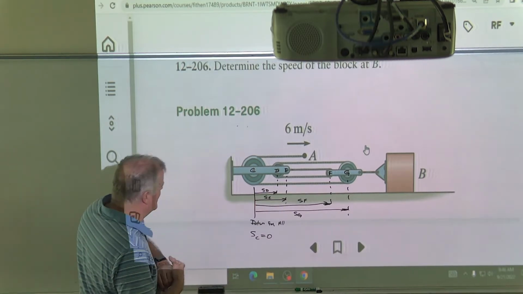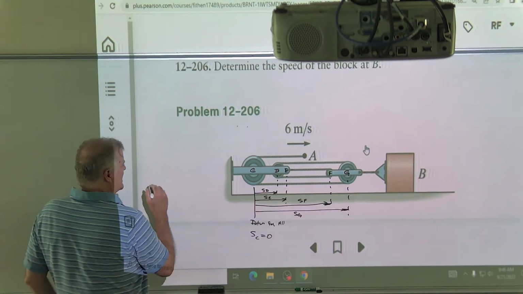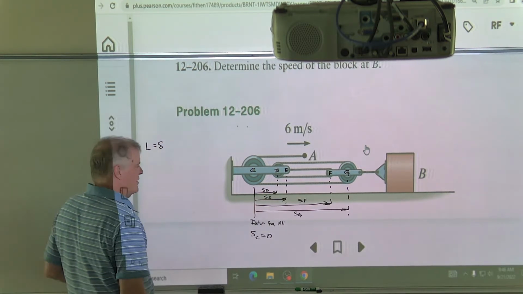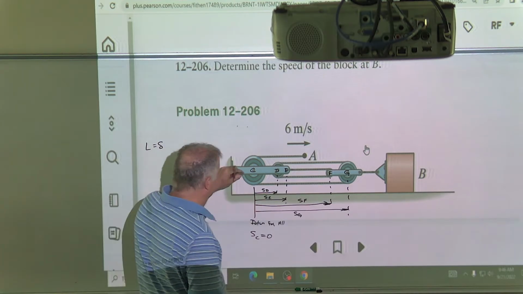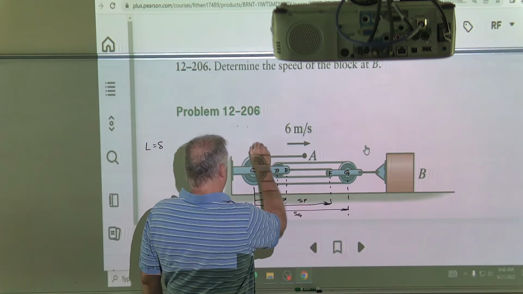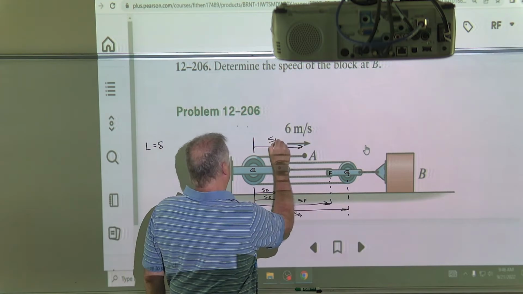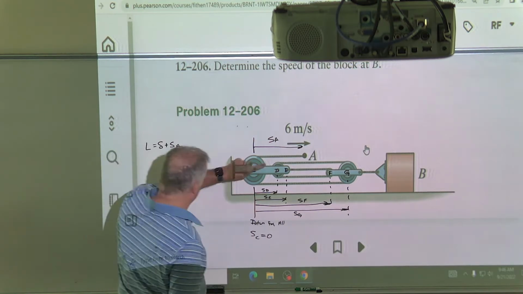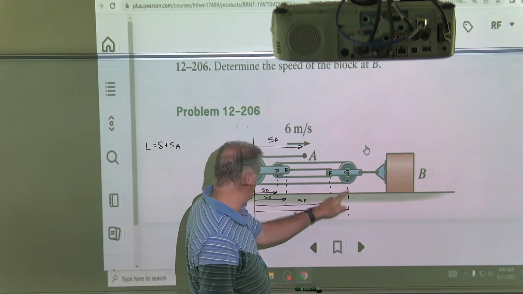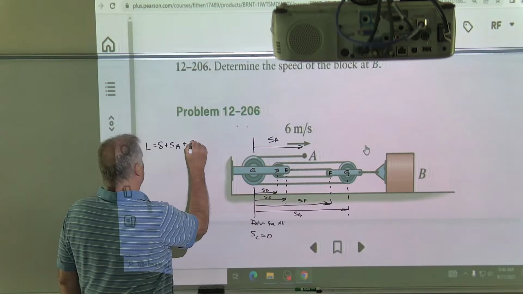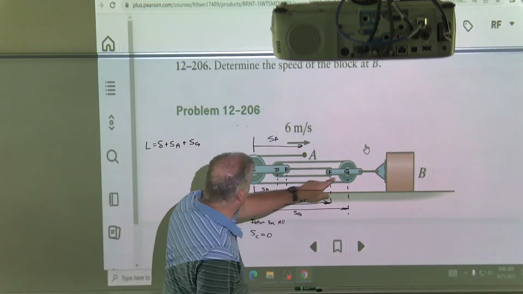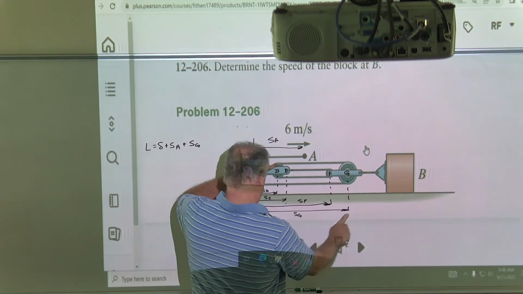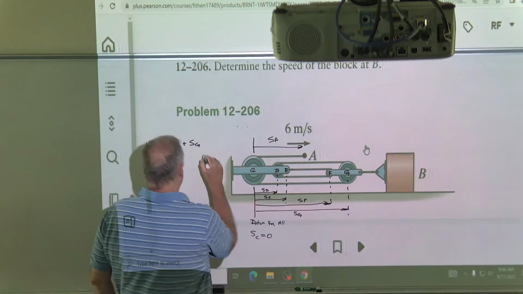Am I getting close to the end? So all you do is you just write the length of the rope. Well, first thing, I'm just going to put in all the deltas. Oh, I've got one more to do, and that's to here. Okay, the length of the rope is SA. I follow the rope, and then I go to here to here. That would be SG. Then I go from here to here. Well, that is SG minus SD.